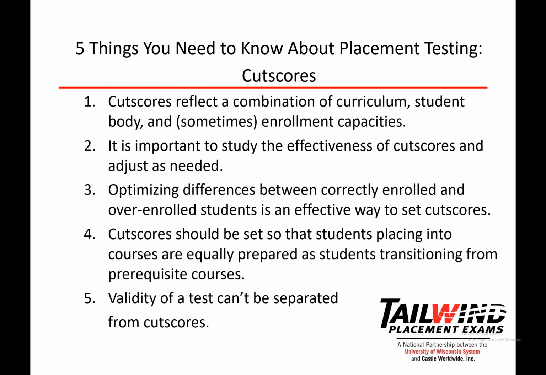The method that Sonia was talking about, where you're looking at differences between correctly and over-enrolled students: if you're not using a placement instrument, you're likely to get a good number of students who are not correctly enrolled. And although that's not an ideal environment for teaching purposes, it's a great environment for research purposes.